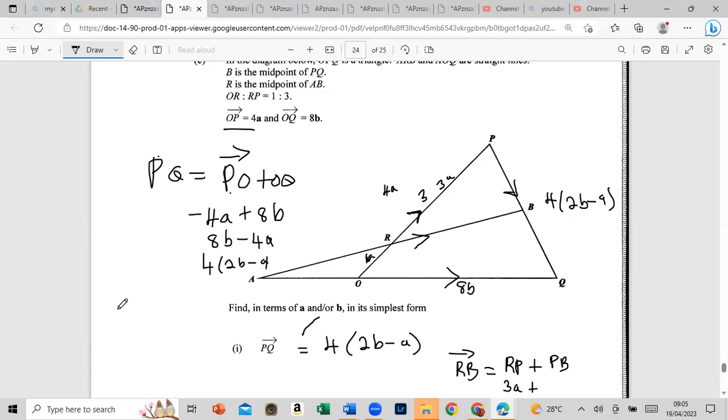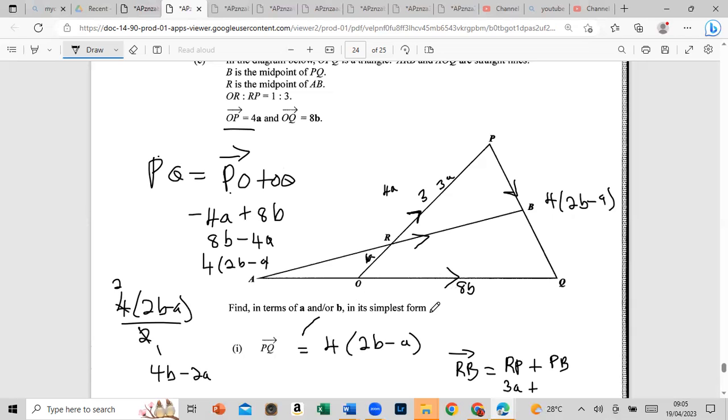So this should be 4 bracket 2b minus a, divided by 2. So 2 into this 4, 2 into this 2, so it's gonna be 4b minus 2a. That's a half of this, right?